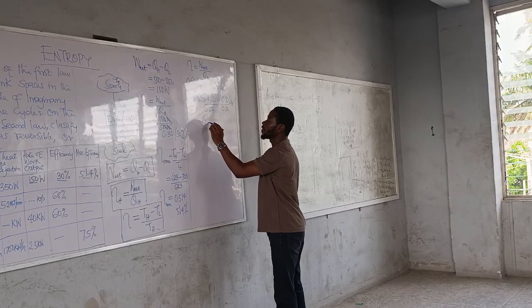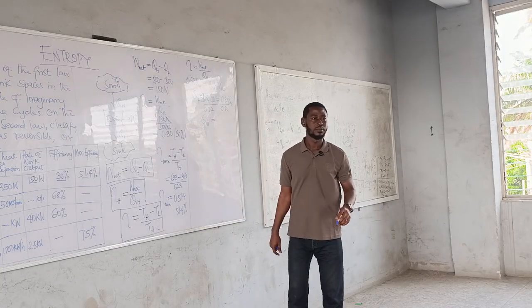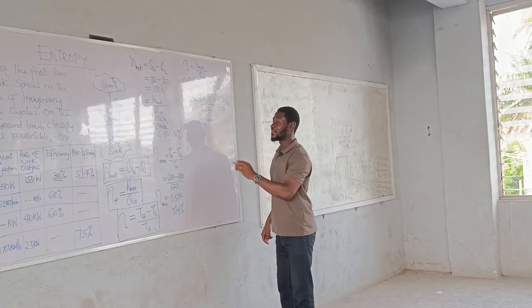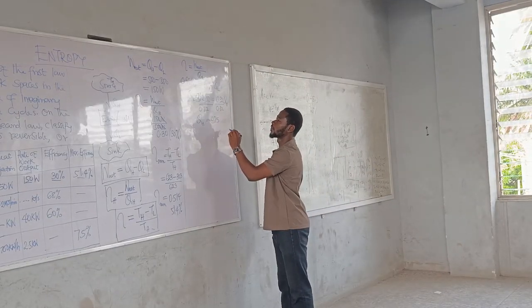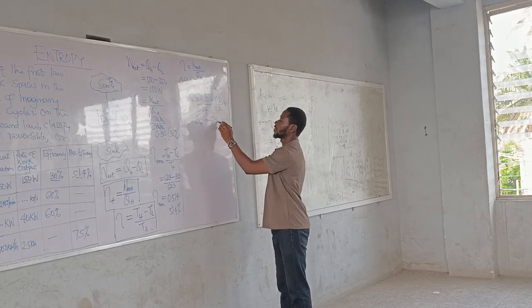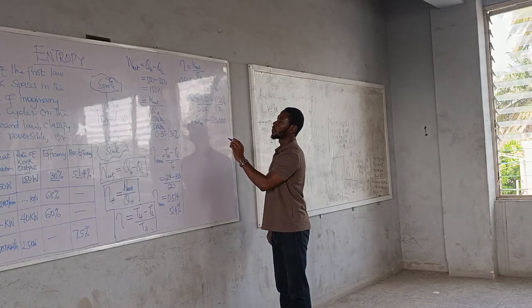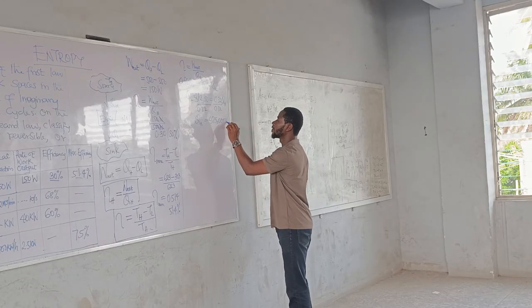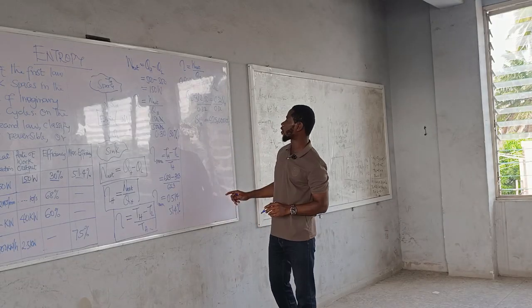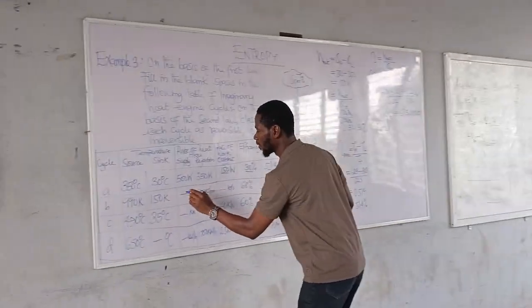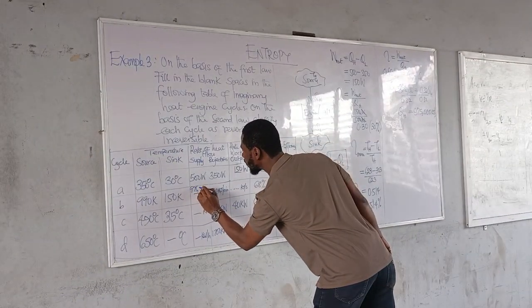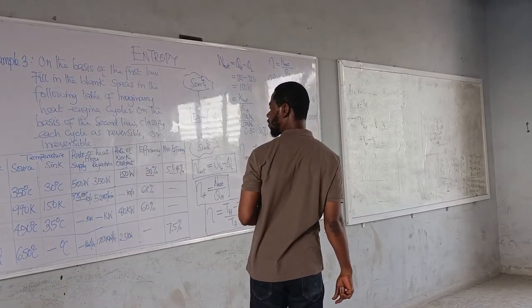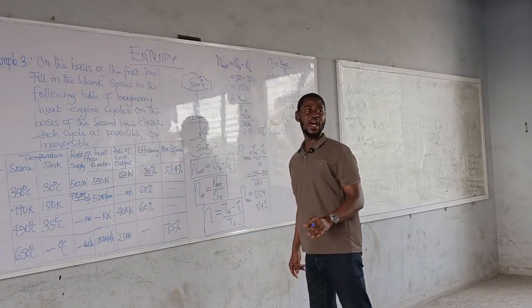So QH becomes 975,123. What are the units now? The units now is kilojoule per second. So we have gotten the heat supplied to the system.